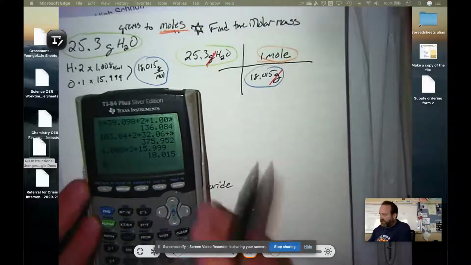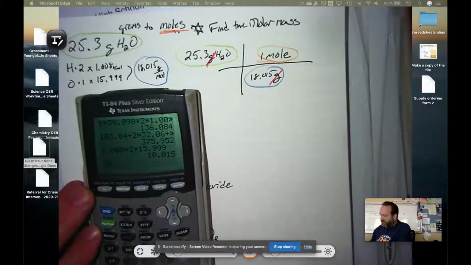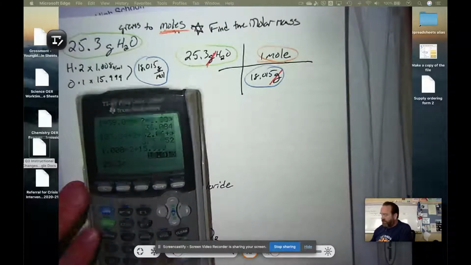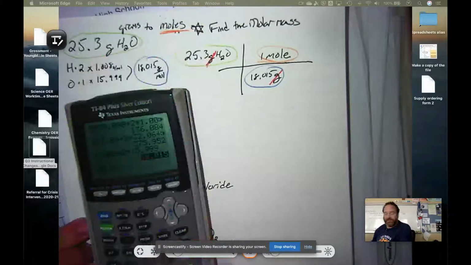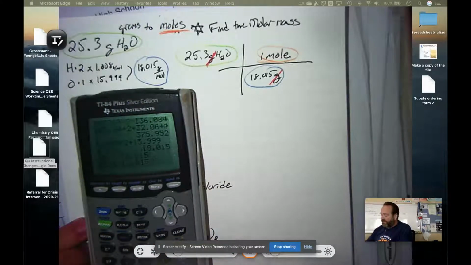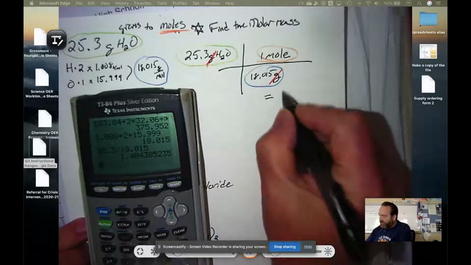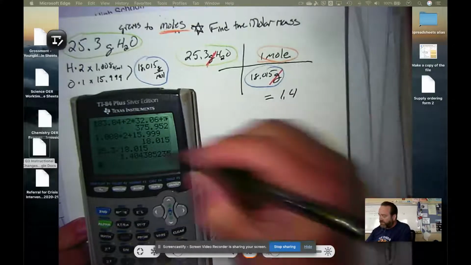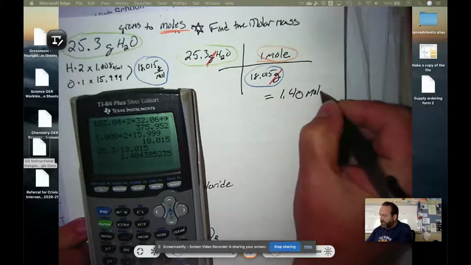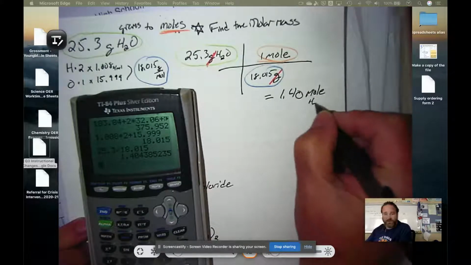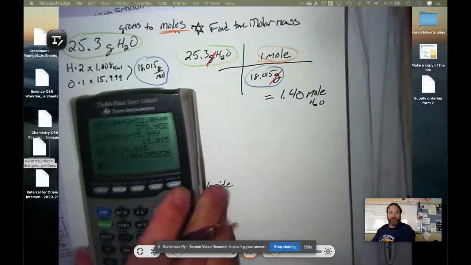I'm going to go 25.3 divided by, and on my calculator, I can go up and grab the number, or you can use the answer function, or you can type it back in. But there I've got it, and I can see that my answer is 1.4, and I'm just going to cut it off at 1.40 moles. Keep my numbers easy, of water. So that is that first example.